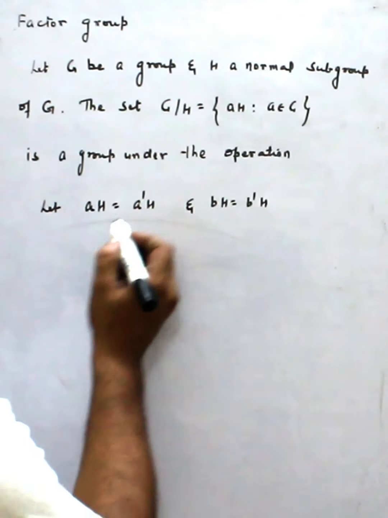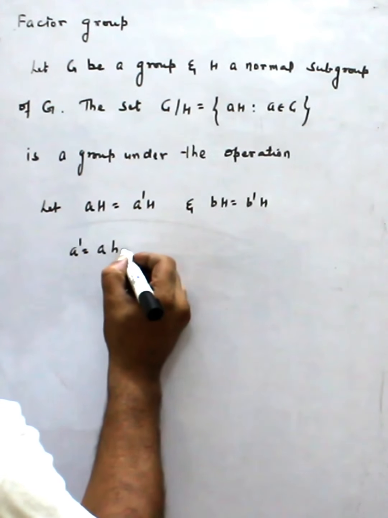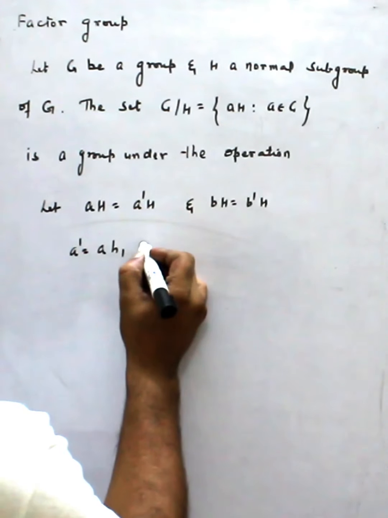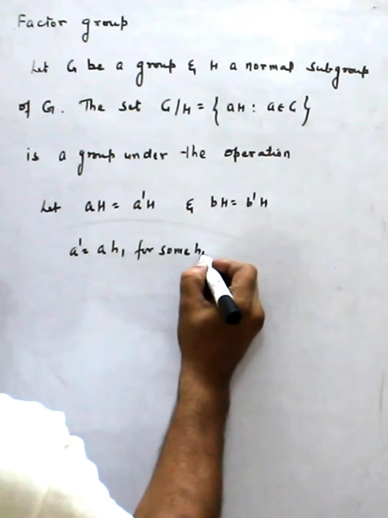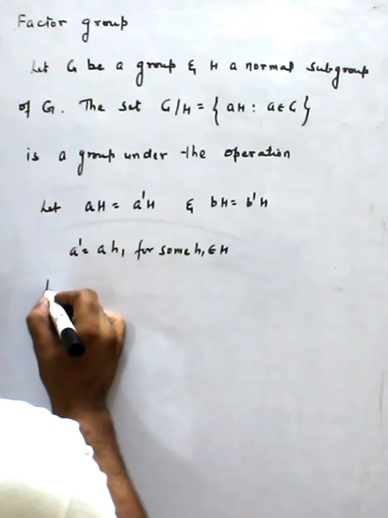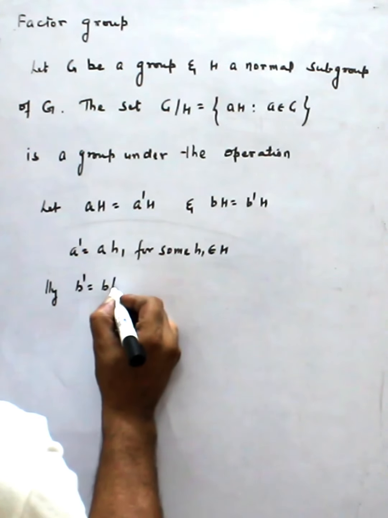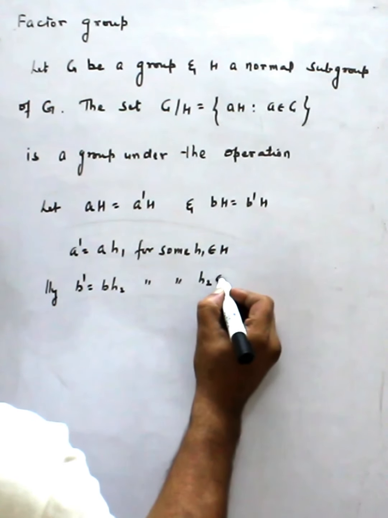That means a' is equal to ah1 for some h1 belonging to H. Similarly, b' is equal to bh2 for some h2 belonging to H.